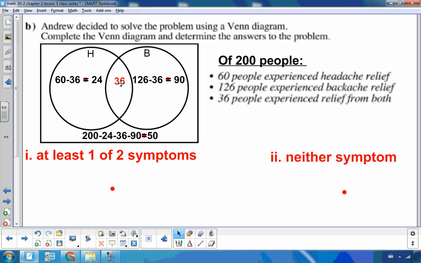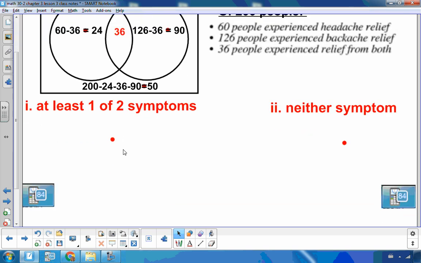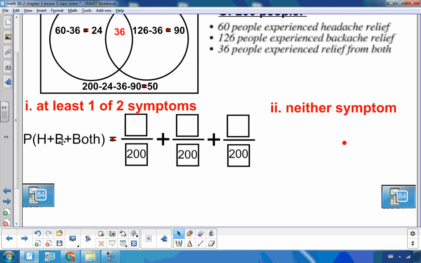So Andrew does all the hard work with the Venn diagram, making the next part easier. Tom did all of the work as he went along, so he didn't have to do it up front. So getting relief from at least one symptom would be headache, backache, and then I would subtract for both. Sorry, at least one of the symptoms, headache, backache, or both.